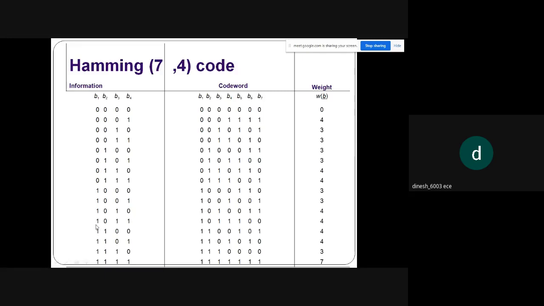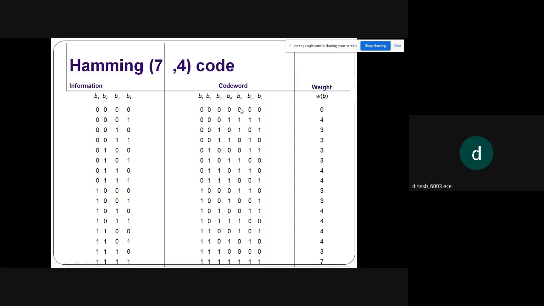Since we are having 2 power 4, 16 bits of information, you tabulate the 16 one by one. So this is 0, 1, 2, 3, 4, 5, 6, 7, 8, 9, 10, 11, 12, 13, 14, 15 in 8421 coding. So that information again should be repeated here, since a code word is a combination of 4 information bits plus your parity.